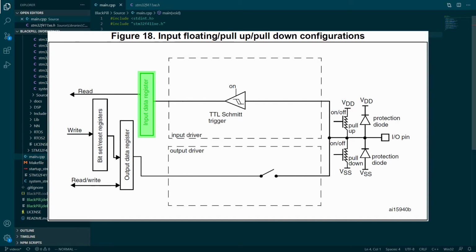So in our case, it is up to 100 million updates per second thanks to the 100 MHz source clock frequency. Additionally, pull-up and pull-down resistors are activated depending on the value in the pull-up, pull-down register. It is also worth mentioning that the output buffer is disabled, and writing any value to the output data register is pointless as it has no effect at this point at all.